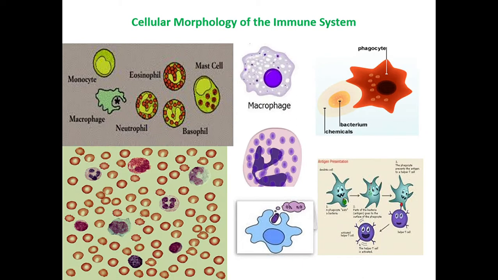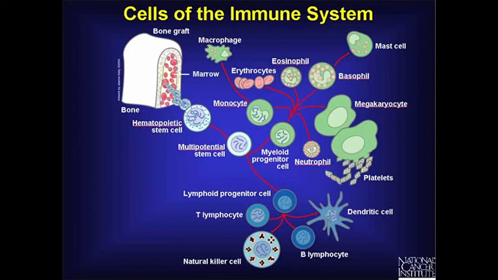The next two slides will give us the different cells of the immune system from the myeloid lineup and the lymphoid lineup. In this particular slide, we have the cells from the myeloid lineup. This slide also will give us the two divisions of the cellular system of the immune system.